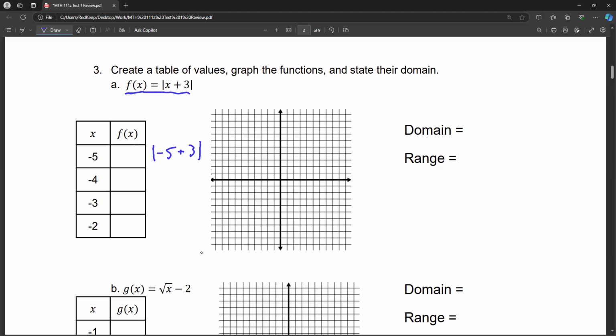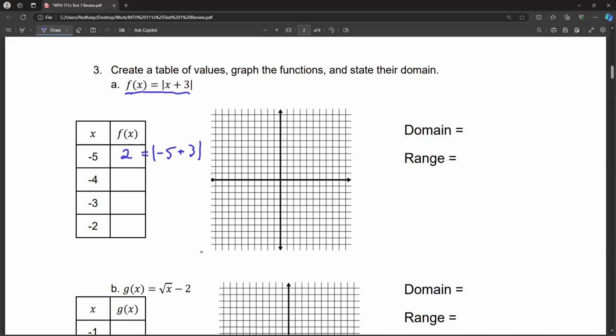And so we're asking, well, what is the absolute value of -5 plus 3? So what we'll do is start by just combining -5 plus 3. And so we would get -2 as a result, and the absolute value of -2 is just going to be positive 2.